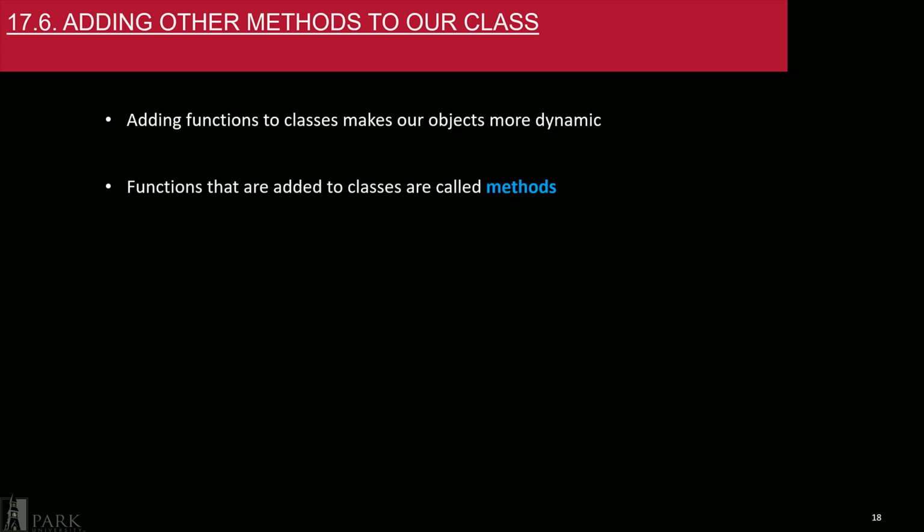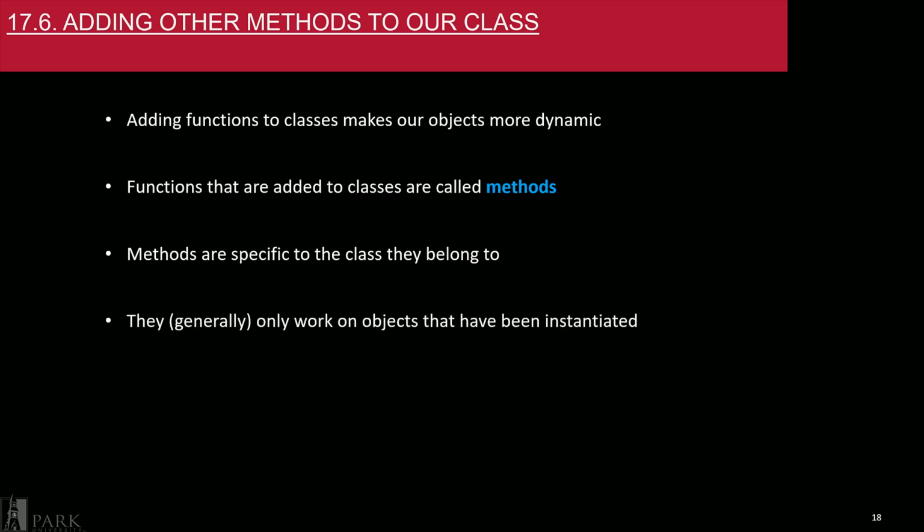Giving methods to our objects makes them much more dynamic. They are no longer just containers that store information. And like I said previously, functions that we add to our classes are called methods, and they are specific to the class that they belong to.